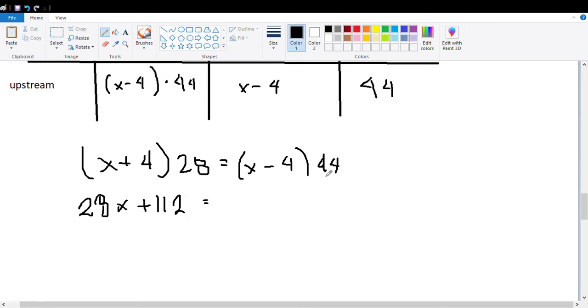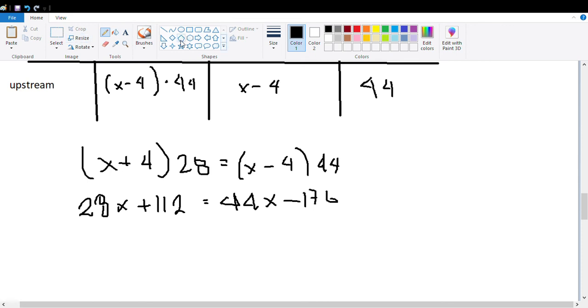Now you do the same thing on the right hand side of the equation. 44 times x is 44x. 44 times 4 is 176. And that's all. Now what do we do?